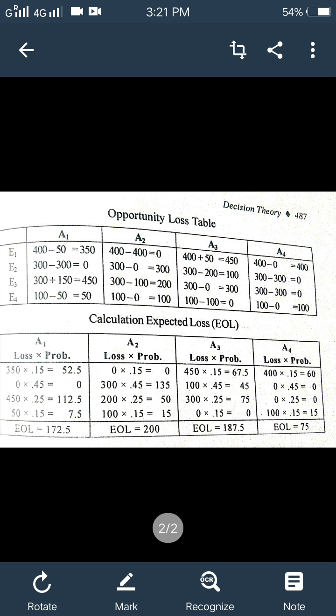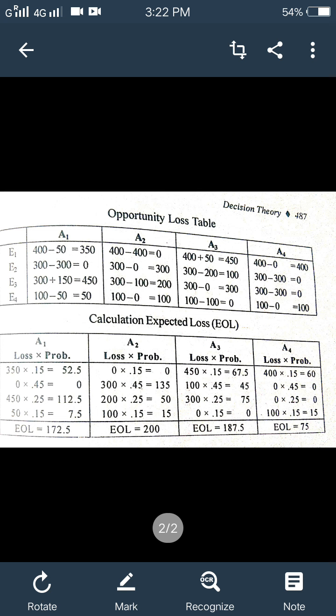In act A1 we did 350 into 0.15, 0 into 0.45, 450 into 0.25, 50 into 0.15. Now we will add these values. We will do the same process in A2, A3 and A4.